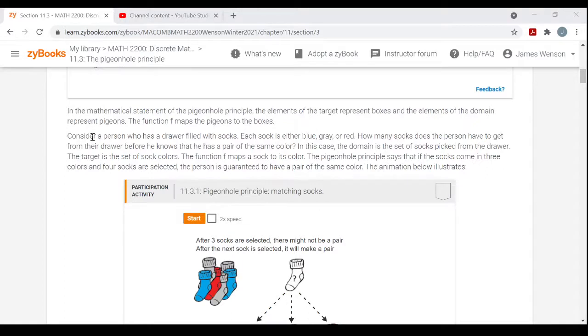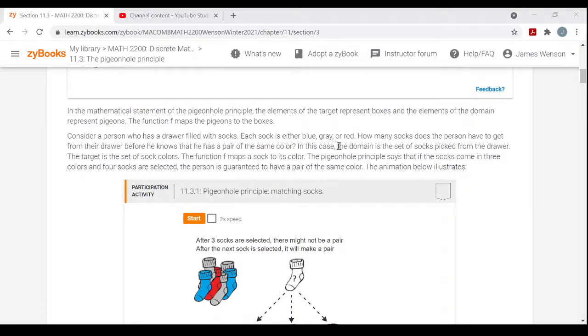Alright, so their first example after this is, well, consider a person who has a drawer filled with socks. Each sock is either blue, gray, or red. How many socks does the person have to get from their drawer before he knows that he has a pair of the same color?